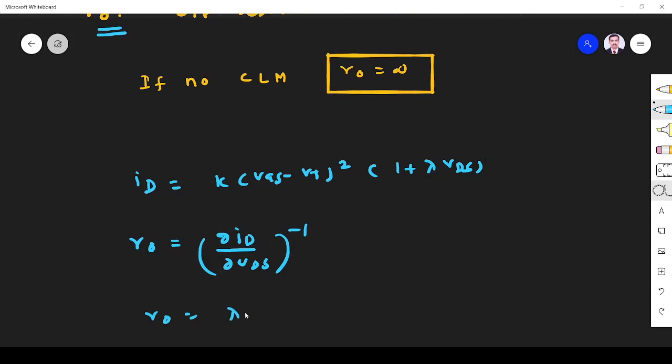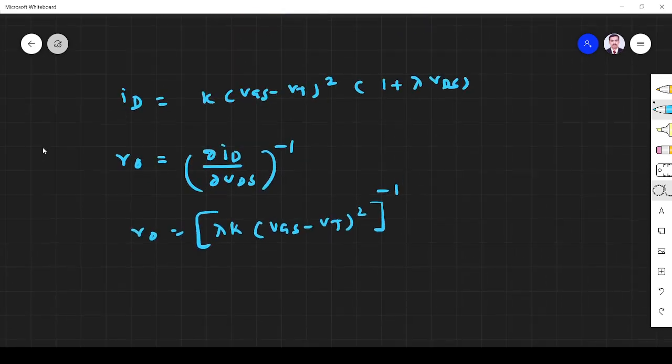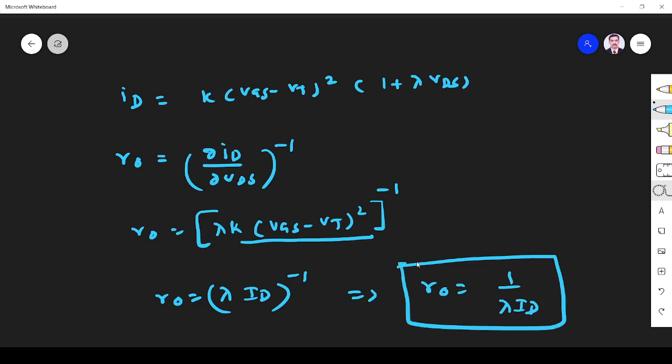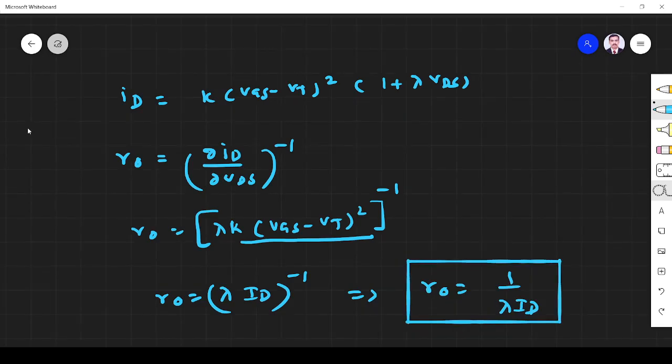So lambda K into (VGS minus VT) square, inverse. What is this factor? K into (VGS minus VT) square is ID. So lambda ID inverse. This implies R naught is equal to 1 by lambda ID. This is the output resistance due to channel length modulation.